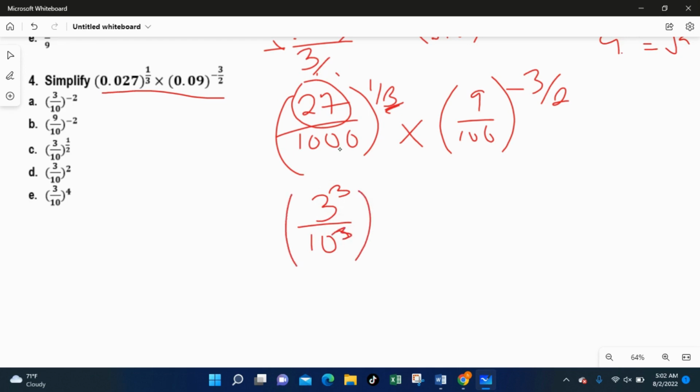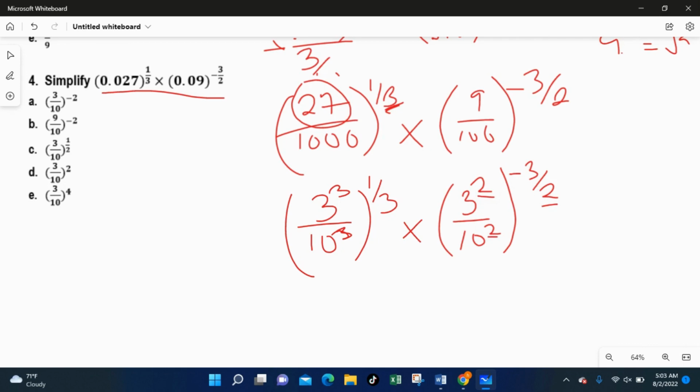So this is raised to power 1 over 3, times, now we'll do the same here. 3 raised to power 2 will give us 9, and then 10 raised to power 2 will give us 100. So that will give us raised to power minus 3 over 2. You see the powers now are the same as this denominator. That way we can clear the denominator.